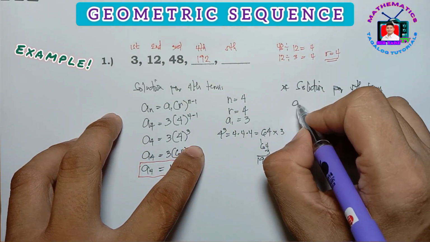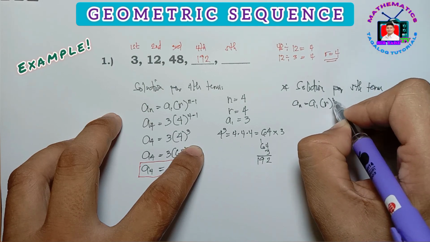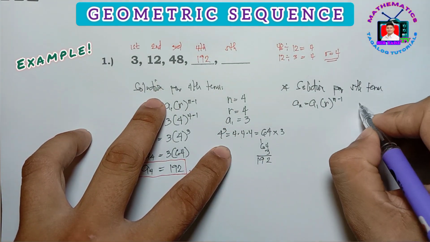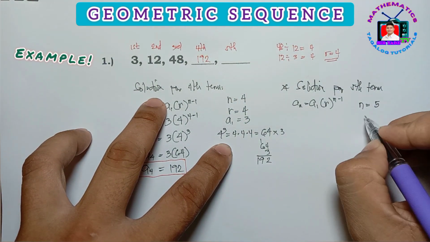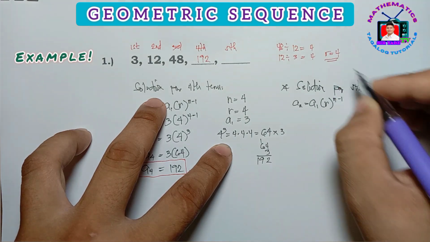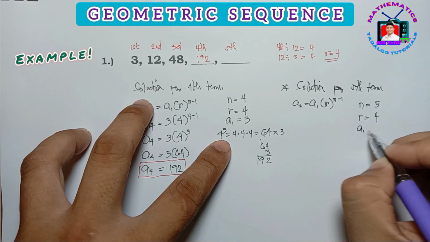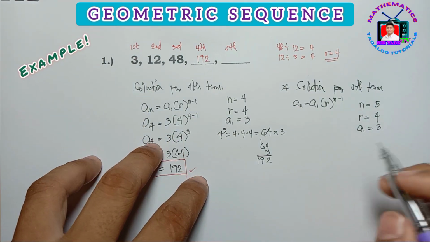Okay, then the second solution, we have the 5th term. So, we have to find the 5th term. Okay, so again, using the formula, this time the formula requires n. Since it is the 5th term, our n is 5. Then r is 4, the ratio. Then we have a sub 1, our first term, which is 3.